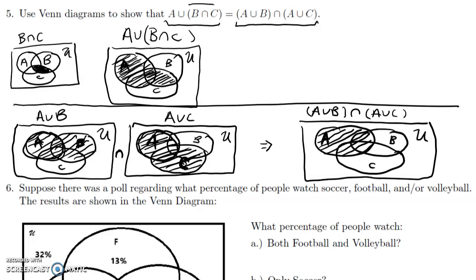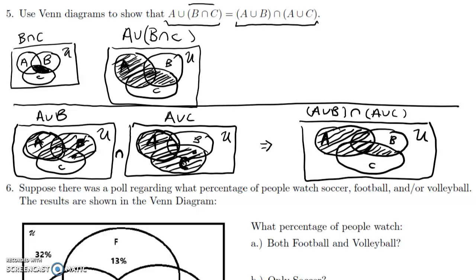Well, in the first picture, we've got this region of part B shaded, but it's not in the second picture. So I'm not going to include that. In the second picture, I have this portion of part C shaded, but not in the first picture, so I won't include that. But notice again that little overlap region between B and C is shaded in both pictures, so we will shade that overlap region of B and C. And then no other regions are shaded in both pictures. So this would be my final picture for A union B intersected with A union C.